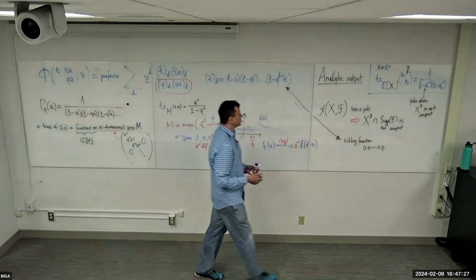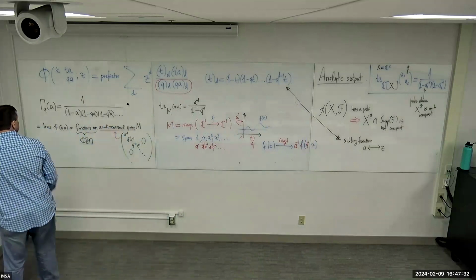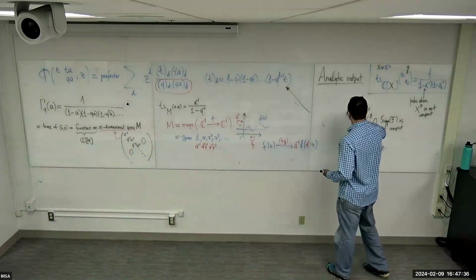And then if I want some sort of truncation of this Q gamma function, this is even easier.